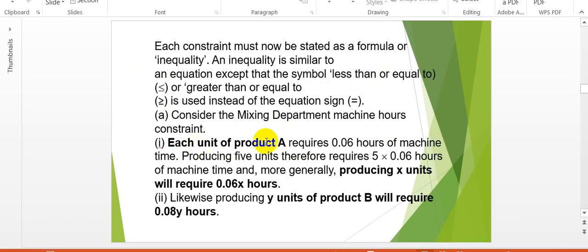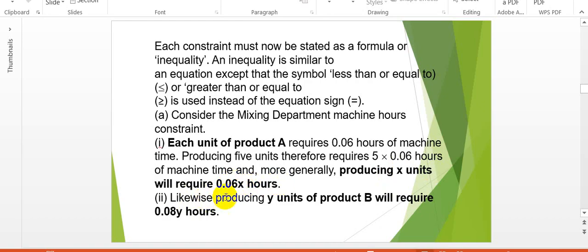So each unit of product A requires 0.06 hours of machine time, and producing 5 units therefore requires 5 times 0.06 hours of machine time. And more generally, producing X, which we defined as our variable, so producing X units will require 0.06x hours.